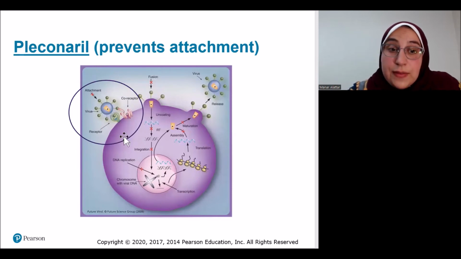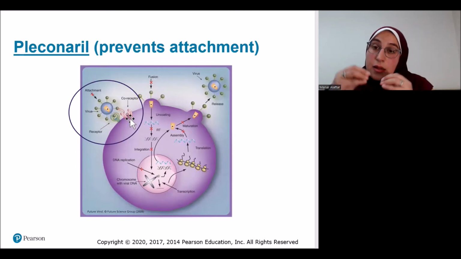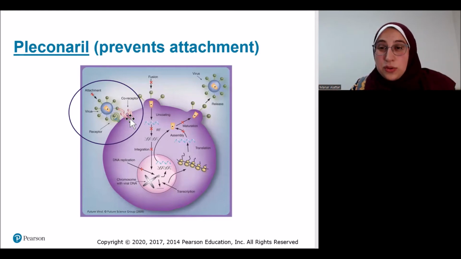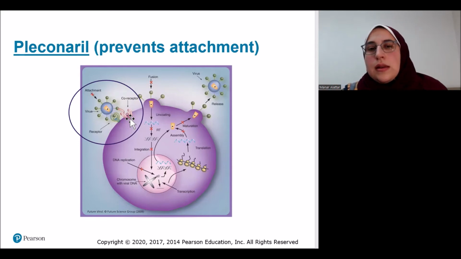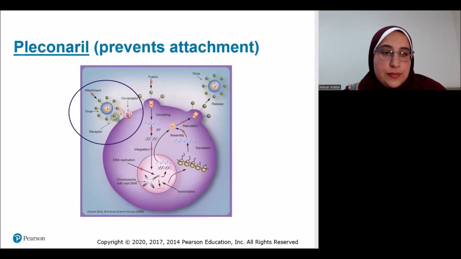This antiviral specifically inhibits the binding of various types of cold viruses to the receptors that allow them to enter into the cell. It just binds onto those receptors, and when it's bound, then those cold viruses are not able to actually enter the cell, and then you can prevent infection.